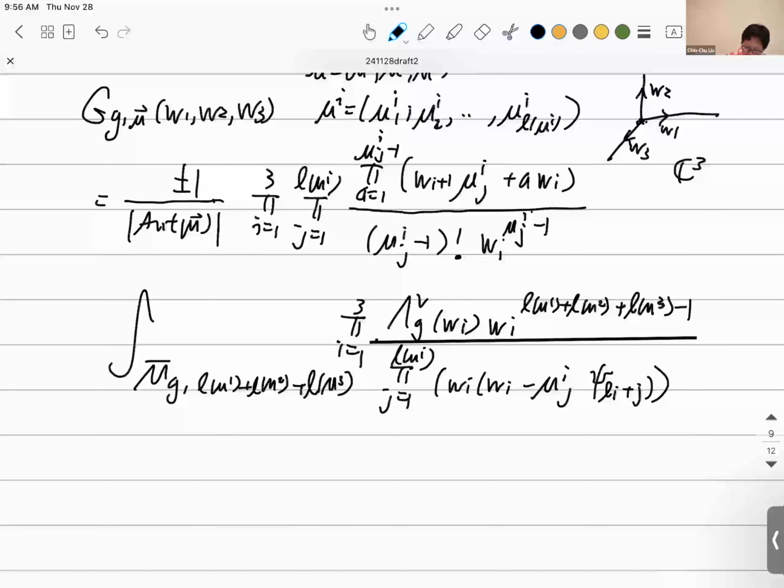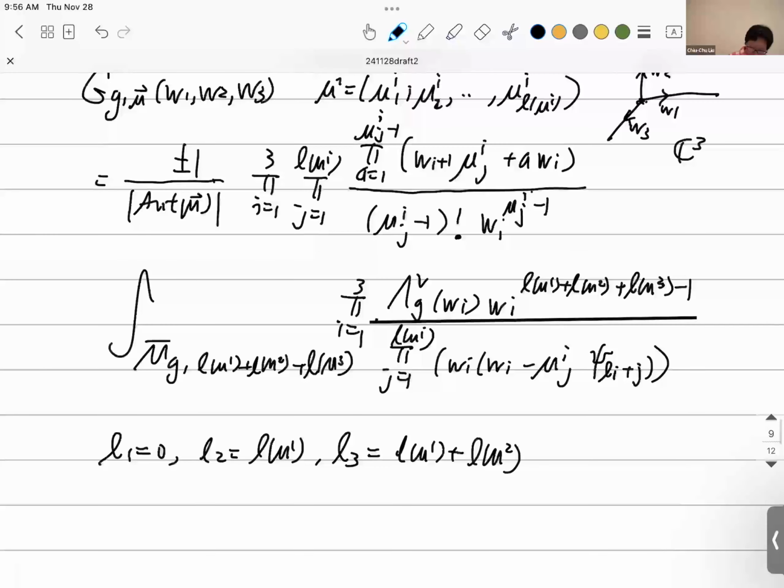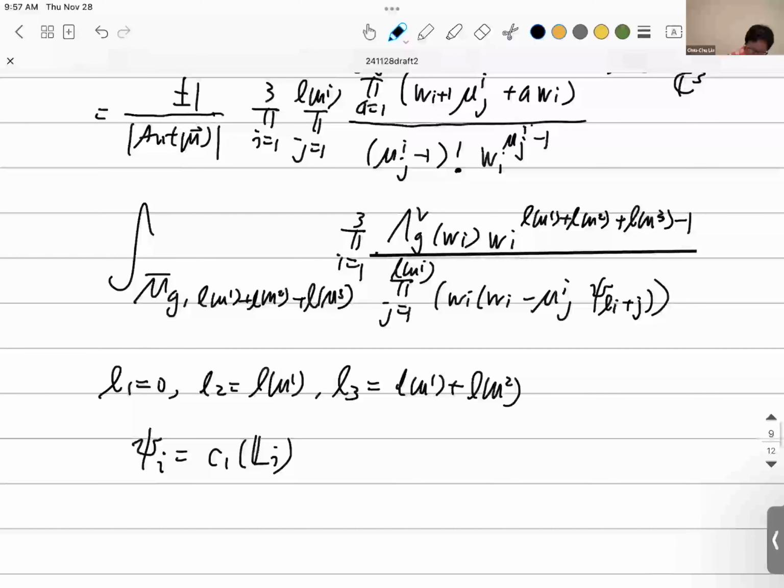And the second line, so L1 is equal to 0, L2 is the length of mu1, L3 is the length of... and the psi, recall that the psi is the C1 of the cotangent line.